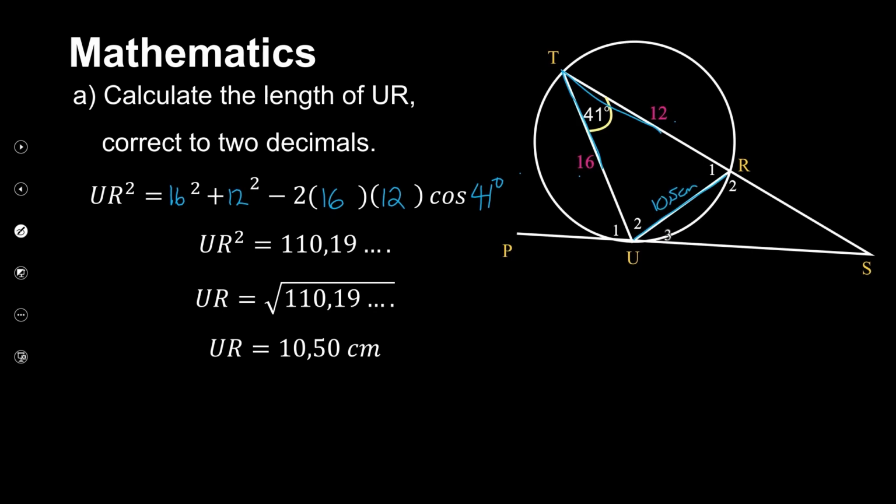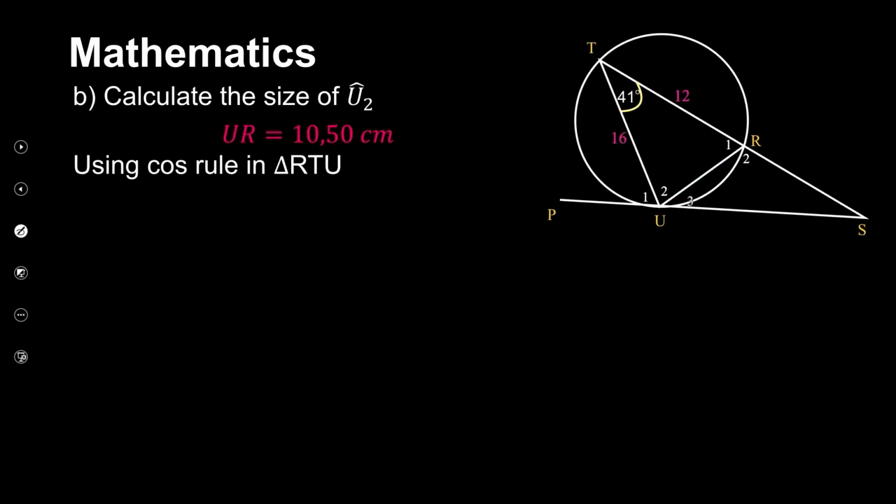Right. The next question, they want us to calculate the size of U2. Remember, we calculated UR as 10,5 centimeters. Now they want us to find this angle here. Okay, now remember, we've got this value here, 10,5. So in this triangle, we've got side, side, side.